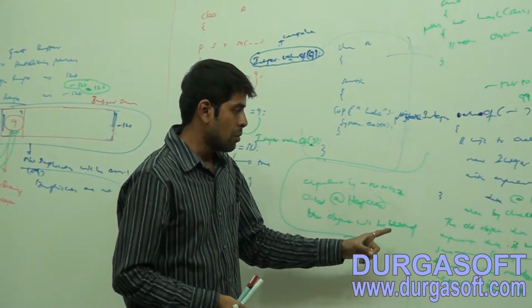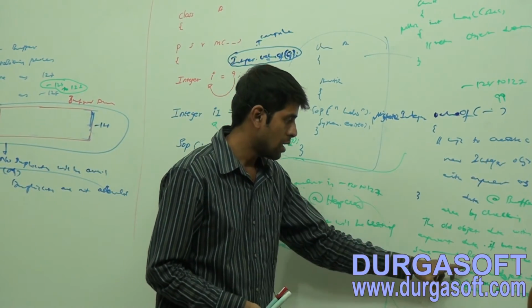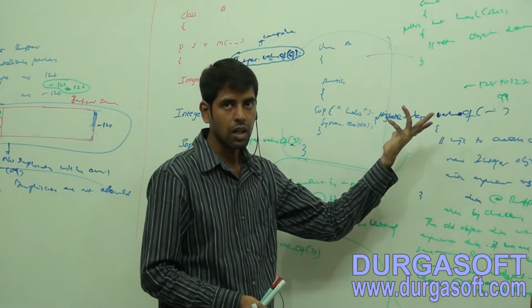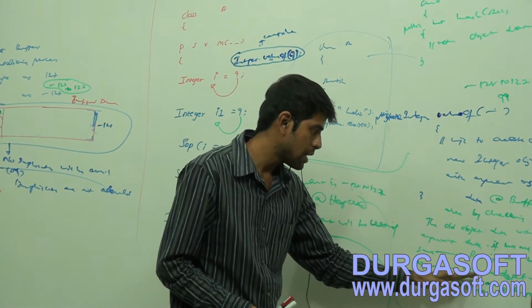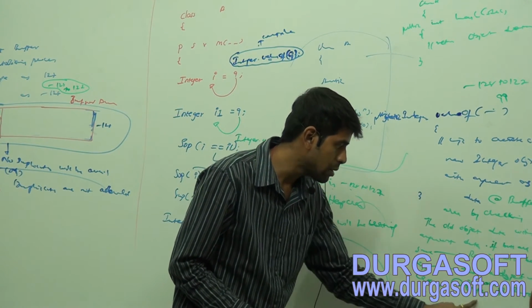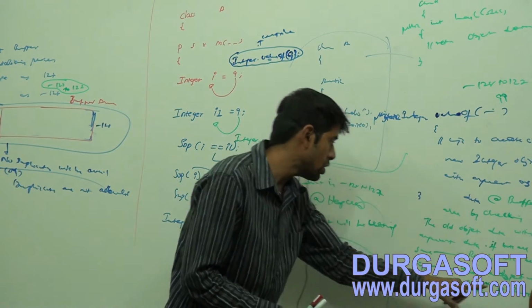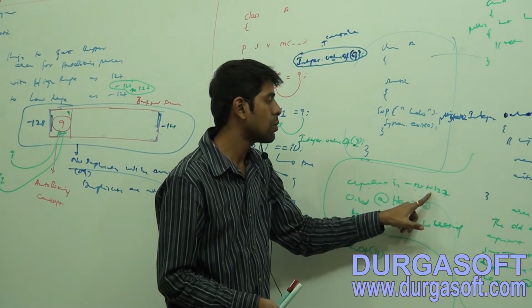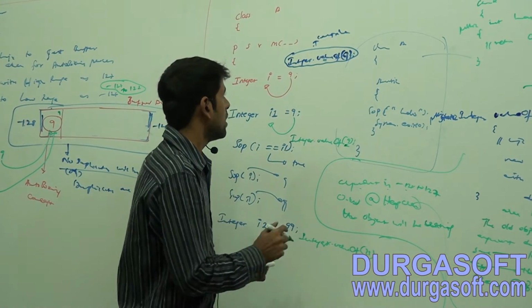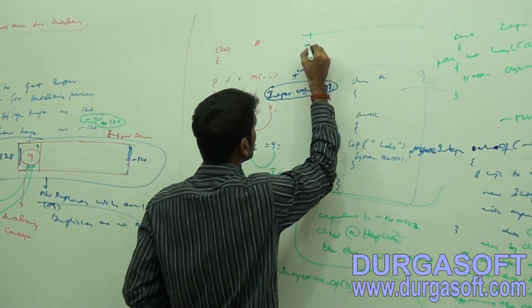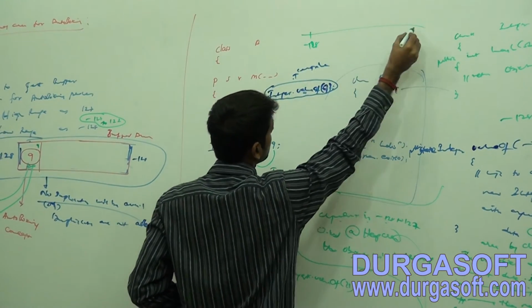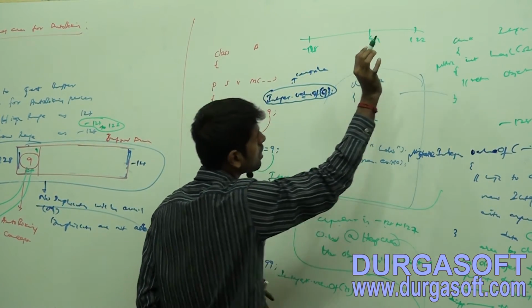Now both are different, double 9 and 9, both are different. Now it will come to this one. A new object will be created at the buffer area if the range of the argument is minus 128 to 127. Between the range of minus 128 to 127, does 99 come or not? Yes, it comes.